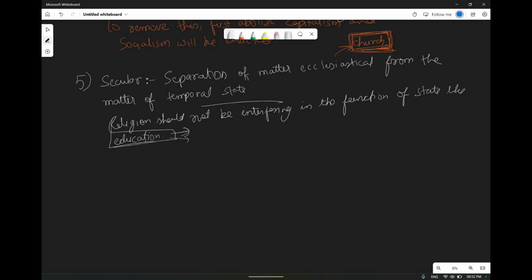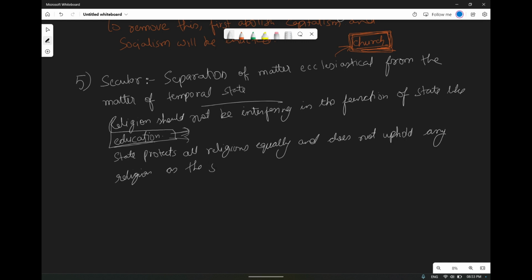Okay, a state protects all religions equally. The state protects all religions equally, and does not uphold any religion as the state religion.